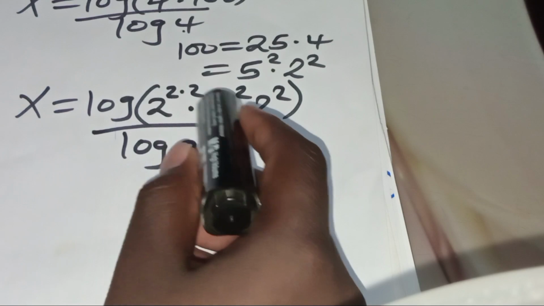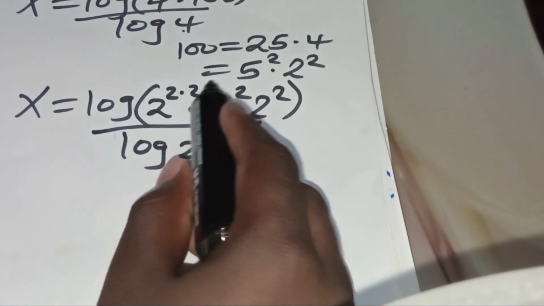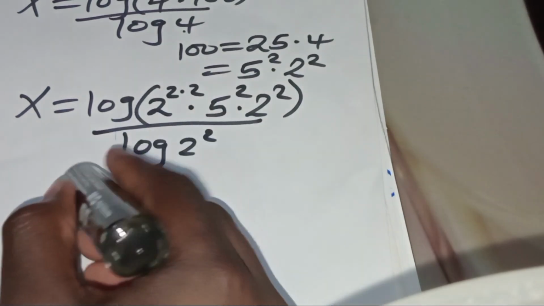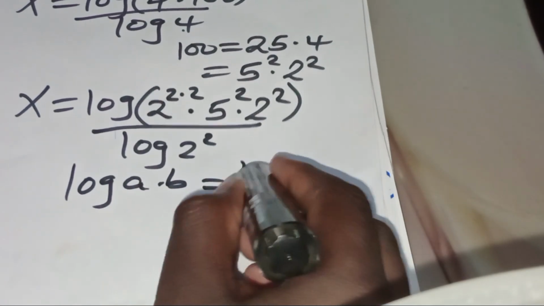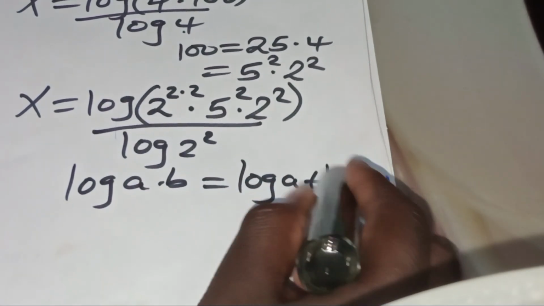Now log of 2 to the power 2 multiplied by 2 multiplied by 5 squared is in the form of log a times b, which we can express as log a plus log b.